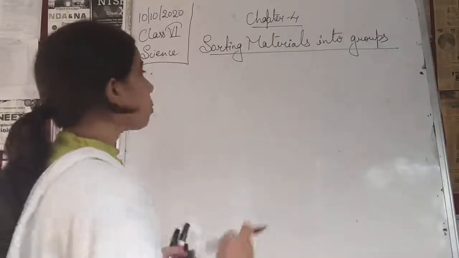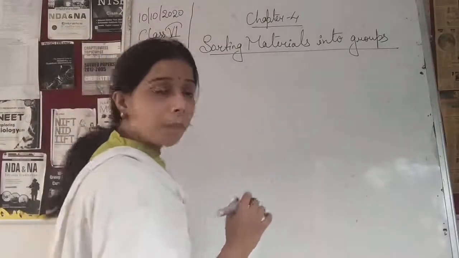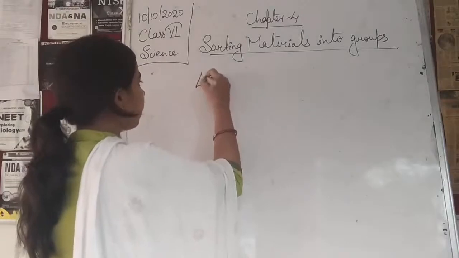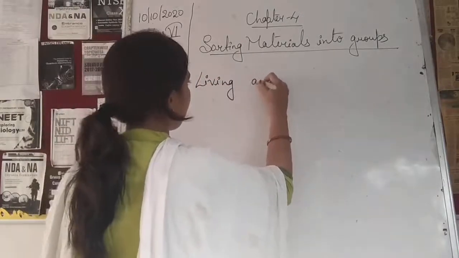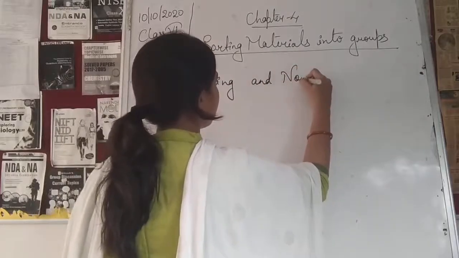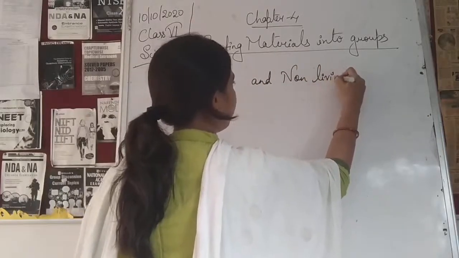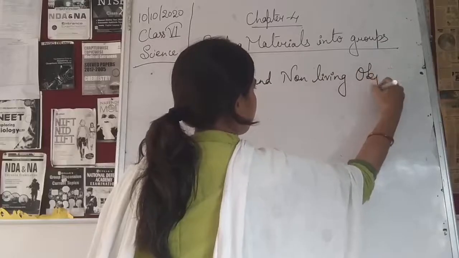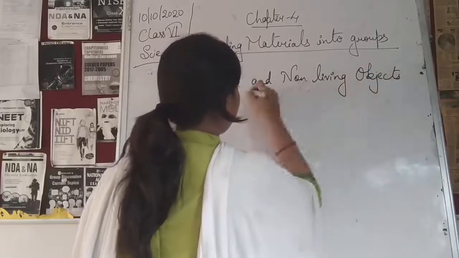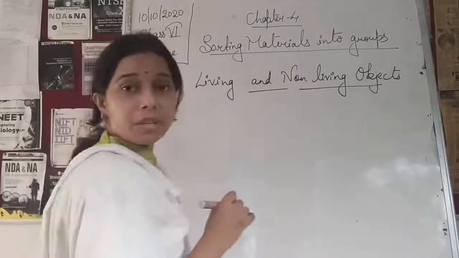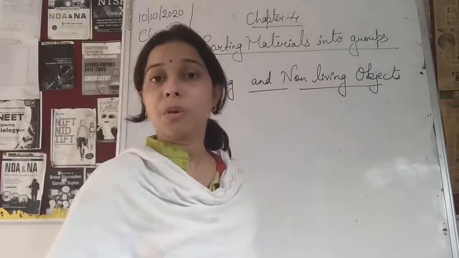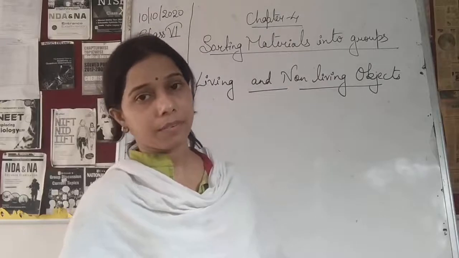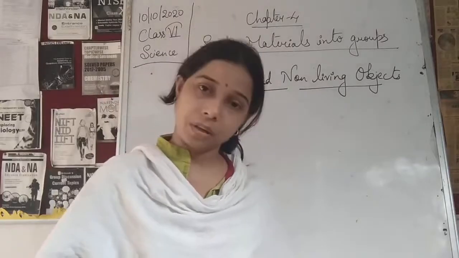If we talk about objects, students, they are basically classified into two: living and non-living objects. Whenever you take an object, you will always see whether it is a living object or a non-living object.